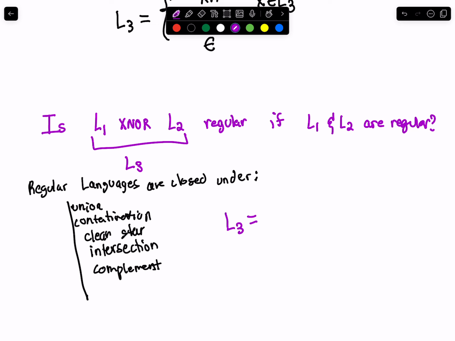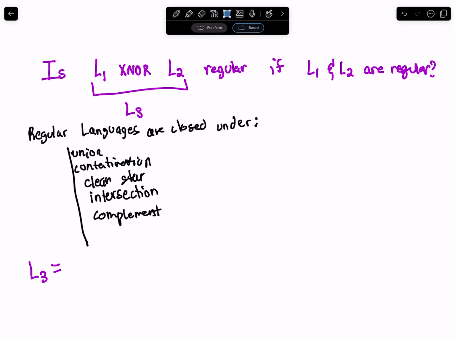Given that we know these operations preserve regularity, and given the definition of XNOR, what can we do?